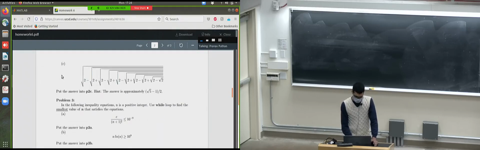In part C, there is a negative sign which alternates between the operations. So you have a negative operation that alternates with the value of n, and you will need minus 1 to the power n.